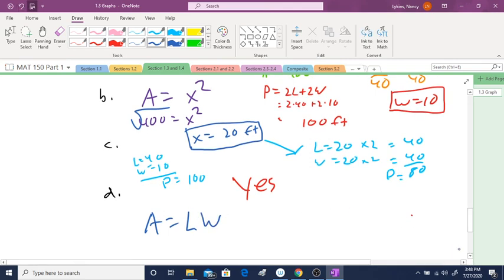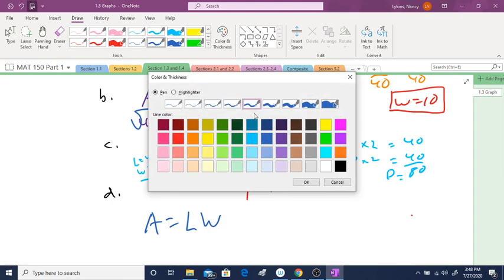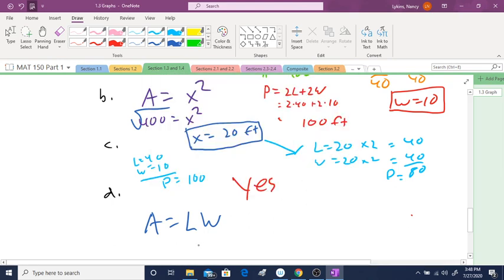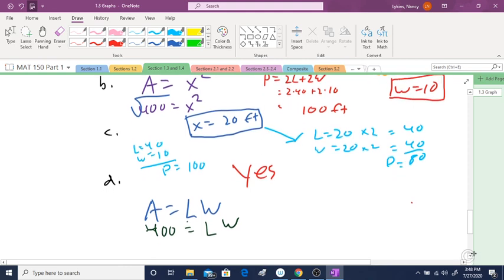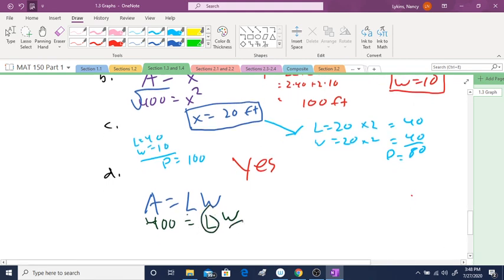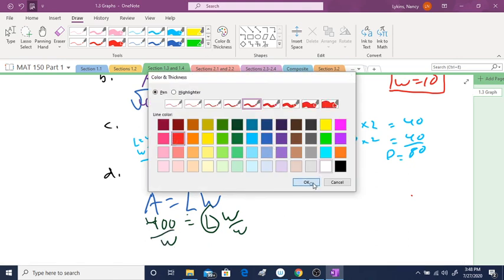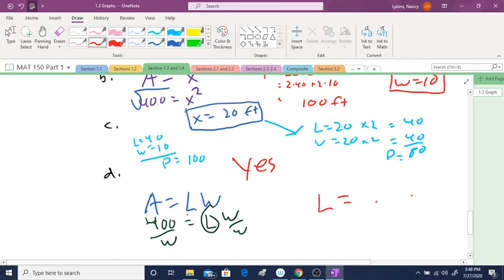But it wants you to have it in terms of L. The area is 400 square feet. L is what we're trying to find, but what we need to know is W. So we need to solve for L by dividing by W. So my length equals 400 over W.